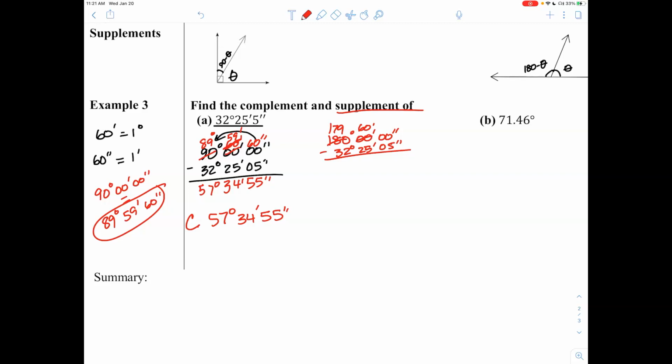And then we can borrow 1 minute, so 59 minutes allows us to change that to 60 seconds. All right, so subtract. That's 55 seconds, and that's 34 minutes, and that's 147 degrees. So the supplement is 147 degrees, 34 minutes, and 55 seconds.